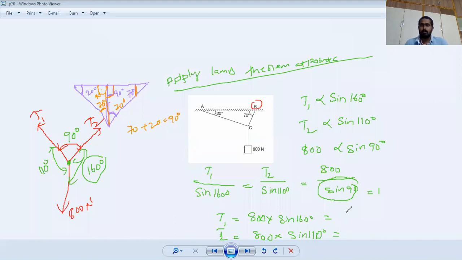Ganesh: 273.6, sir. 273.6 newtons. Next, T2.